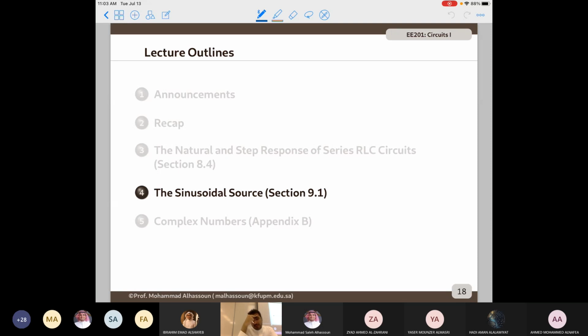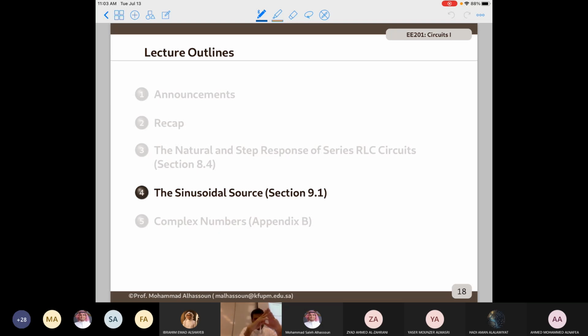Then we said, well, what happens if we have both of them? We classified the problem into two sub-problems. The first one is a series combination. The second one is a parallel combination. And that's what we did.